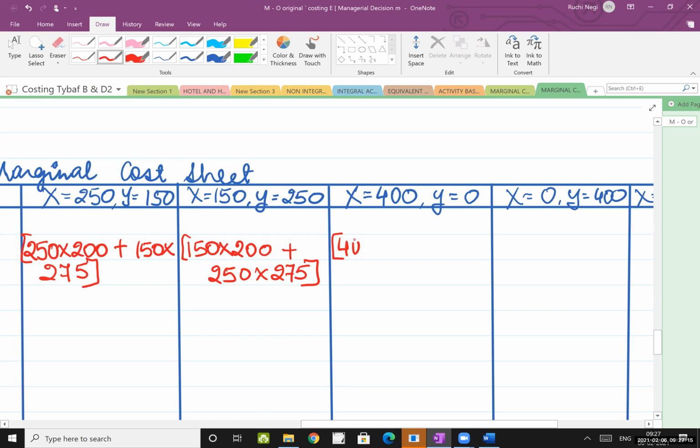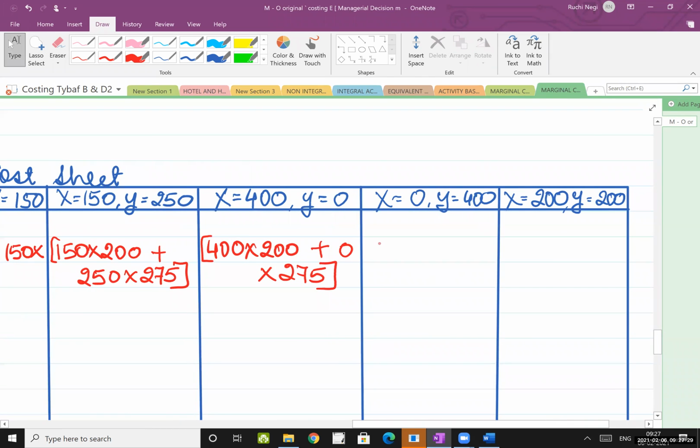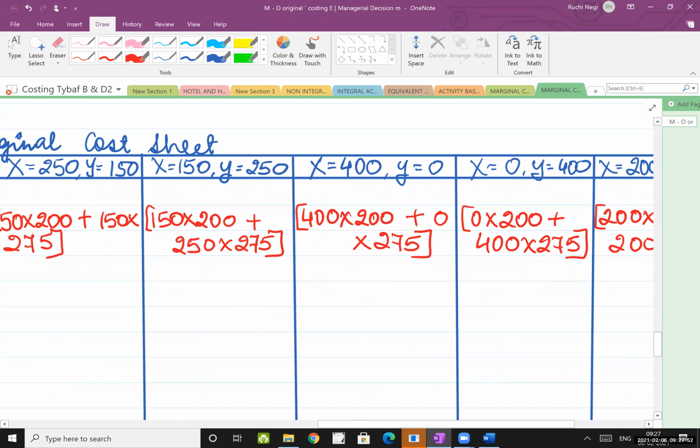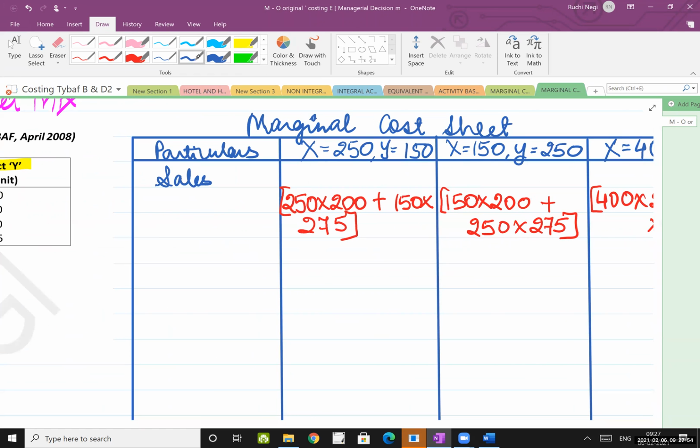Next, 400 into 200, quantity multiplied with rate, plus 0 into 275. Simple logic you have to use, quantity multiplied with rate. Next, 0 into 200 plus 400 into 275. Next, 200 into 200 plus 200 into 275.